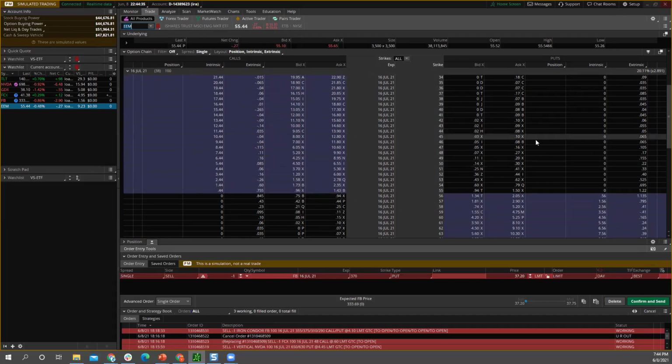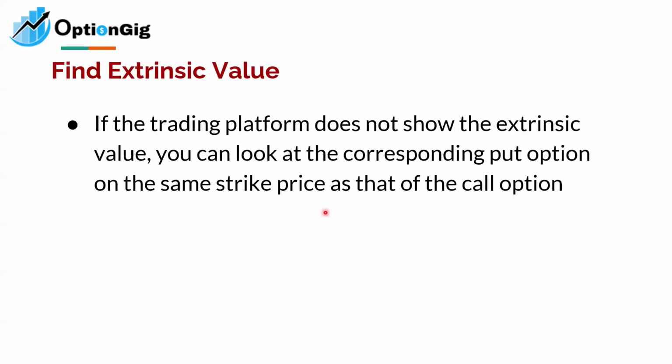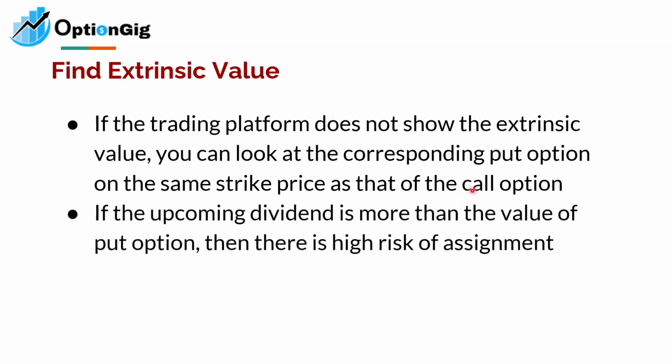Go to the corresponding put option and see what that put option is selling for to determine if you could be at risk of assignment or not. Best is to just look at the extrinsic value directly. But if your platform is not showing it, if you're on the call side, look at the corresponding put side. So if the upcoming dividend is more than the value of that put option, then there is a high risk of assignment.